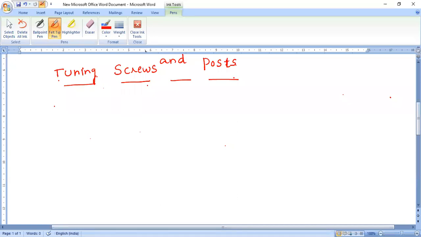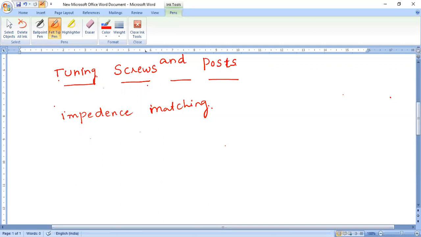Tuning screws are used in the waveguide for impedance matching. What do you mean by impedance matching? According to the maximum power transfer theorem, if the source impedance matches the load impedance, then only maximum power can be transferred.